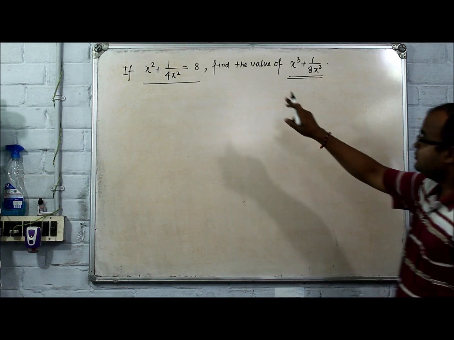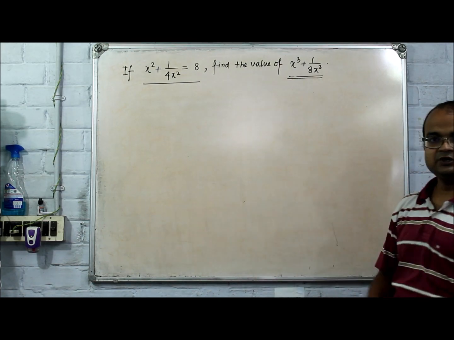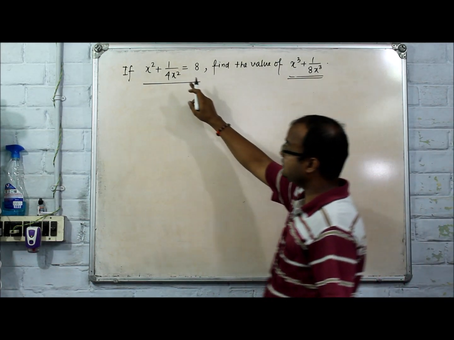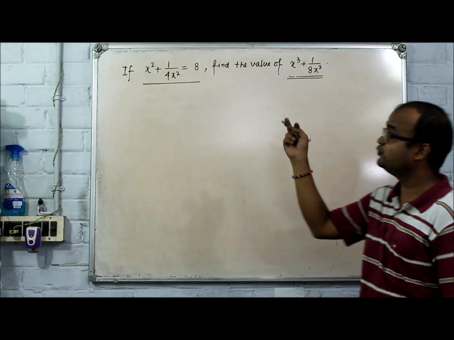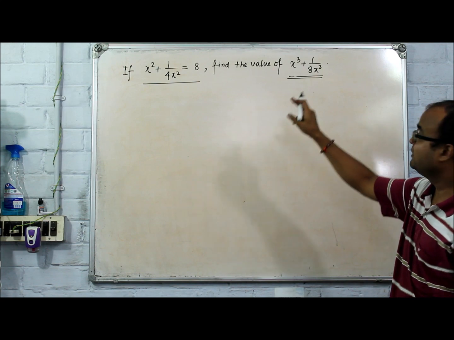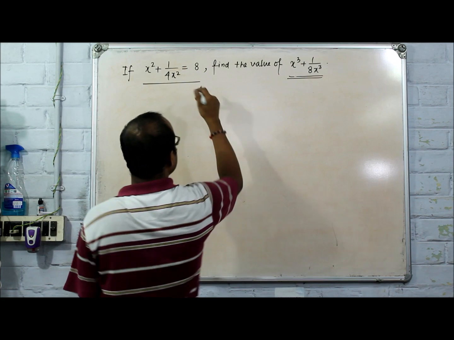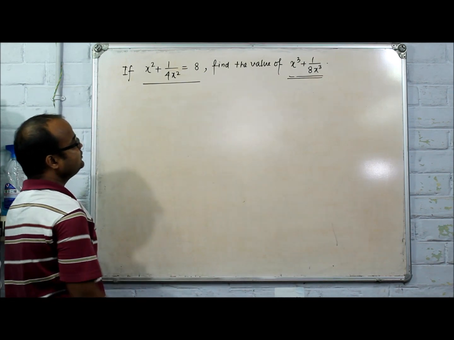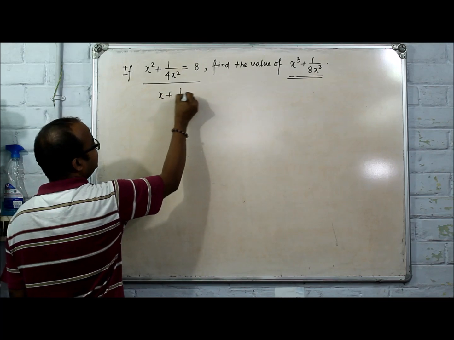From here directly you will not get this. If you apply squaring both sides, then you will get x to the power 4 plus 1 by 16x to the power 4, but you will not get the cube. So first, using this, we need to find out the value of x plus 1 by 2x.